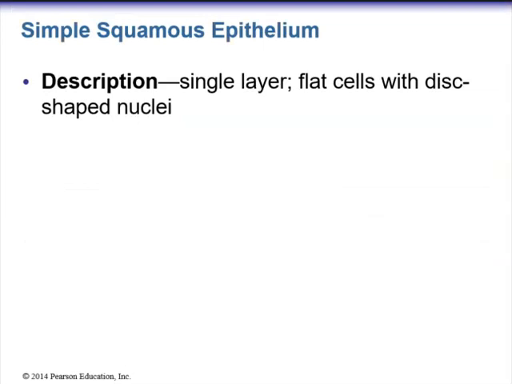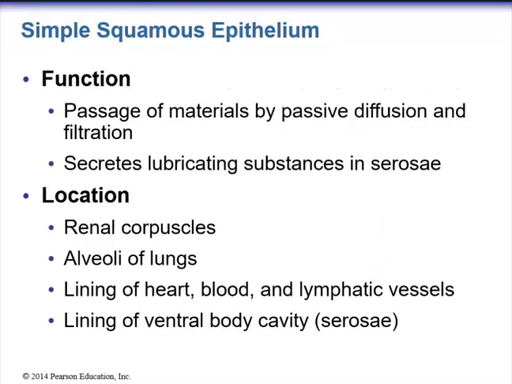So first we're going to talk about simple squamous epithelium. A description of this type of epithelium: it's a single layer, simple indicating one layer, and squamous, these cells are flat with disc-shaped nuclei. The function of simple squamous epithelium allows for passage of materials by passive diffusion and filtration. It can also secrete lubricating substances within the serosa.